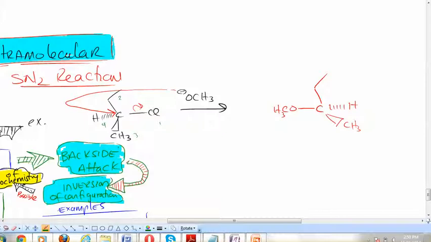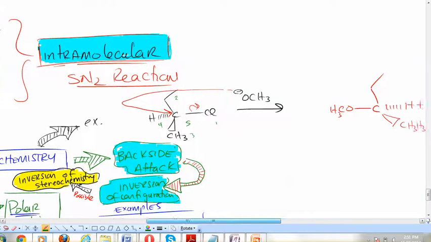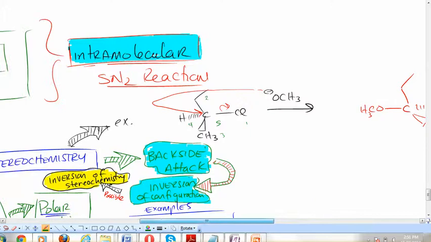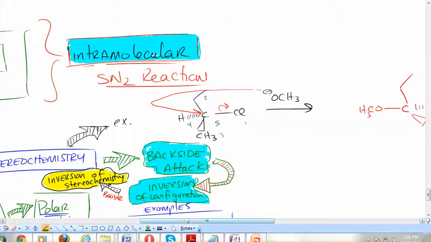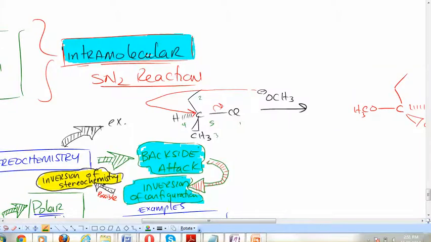We're going this way, so we have an S. Now, if we generate an S here, we did not get an inversion of stereochemistry. But if we generate an R here, then we would have generated an inversion of stereochemistry. Does that make sense? So the idea is that we will always get an inversion of configuration, but that does not mean that you would always get an inversion of stereochemistry.